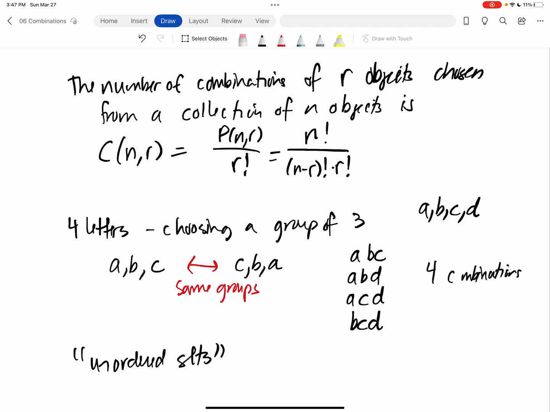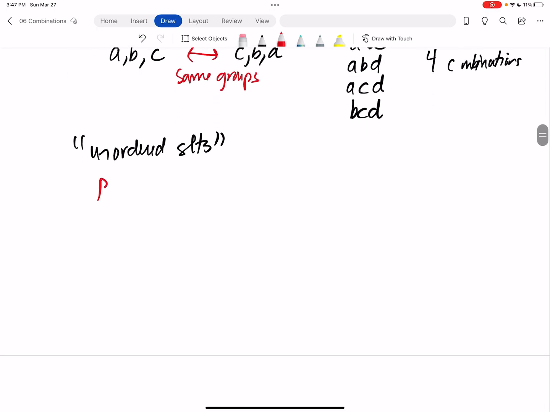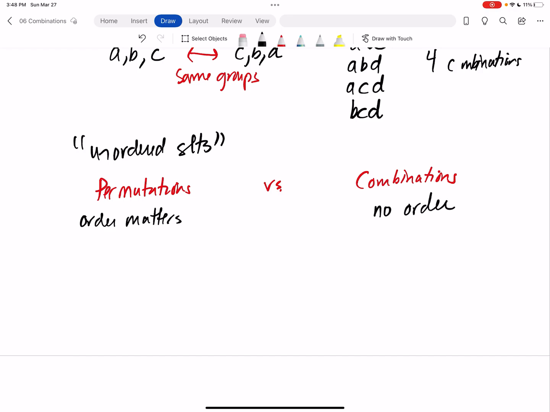So let's try to think about the differences between permutations and combinations. In a permutation, order matters. And in a combination, it doesn't. When you think about a permutation, you want to think about an arrangement or a lineup or an ordered set of prizes or places or finishing order.